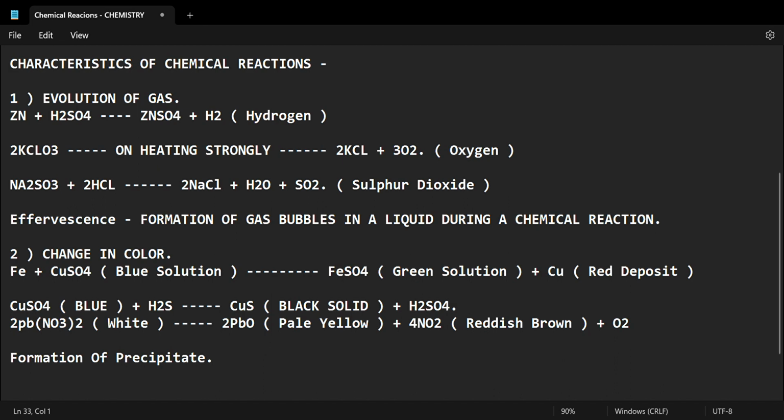Now, when a solution of silver nitrate, this is an example, is added to a solution of sodium chloride, a white insoluble substance, silver chloride, is formed.